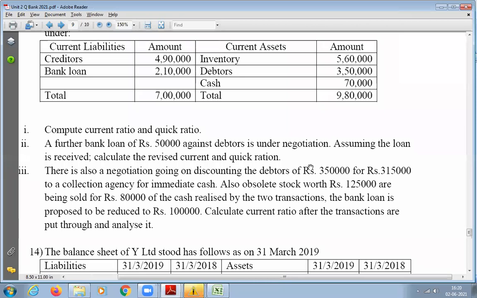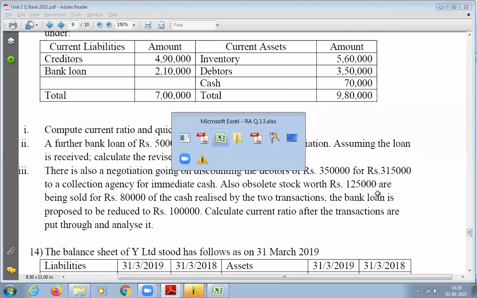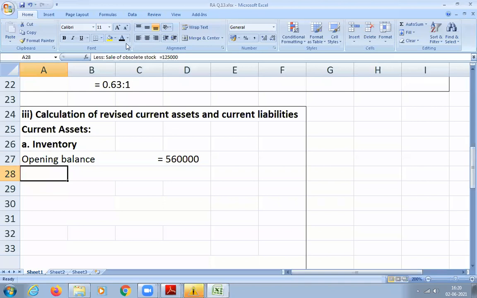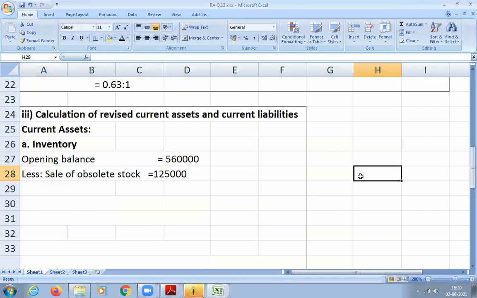Then how much worth of inventory is sold? 1,25,000. So write down minus sale of obsolete stock 1.25 lakhs. Calculate how much you get: 4,35,000. That is the total. Then debtors.